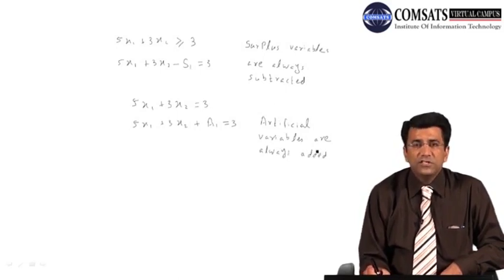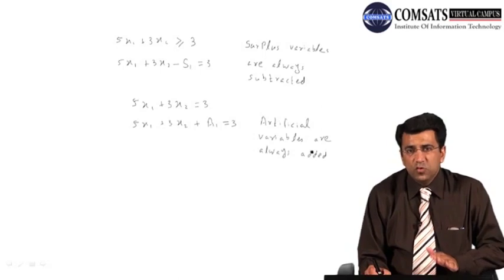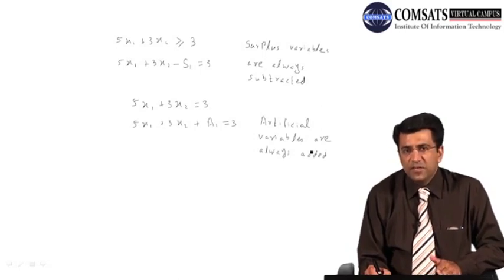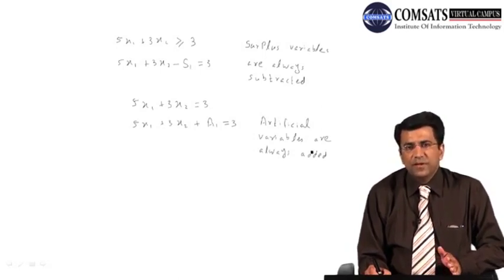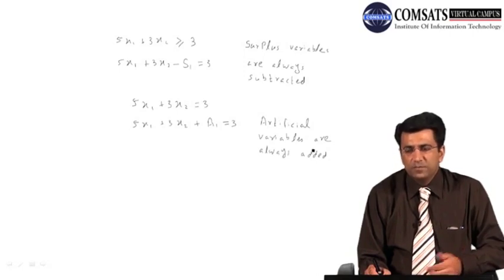But we will not discuss the artificial variable in today's example. So just remember the two concepts, the slack variable and the surplus variable, because we will have to use these variables to solve today's problem.